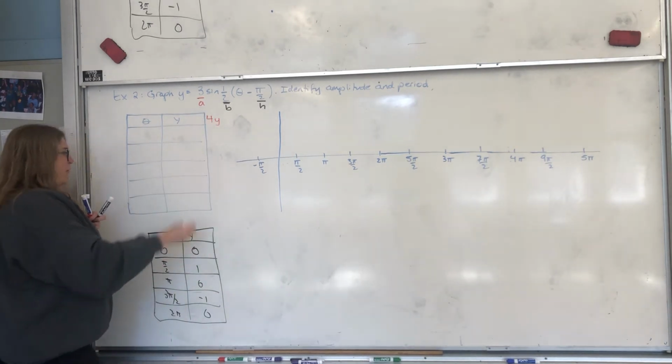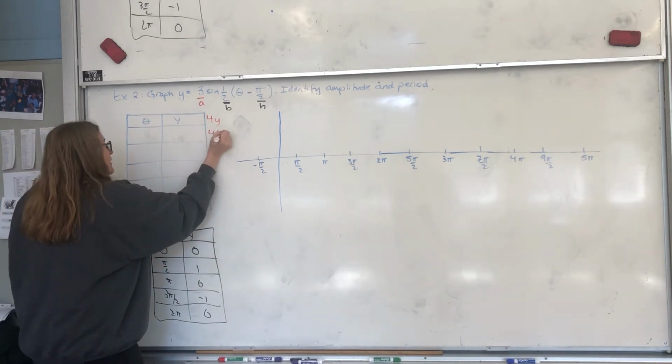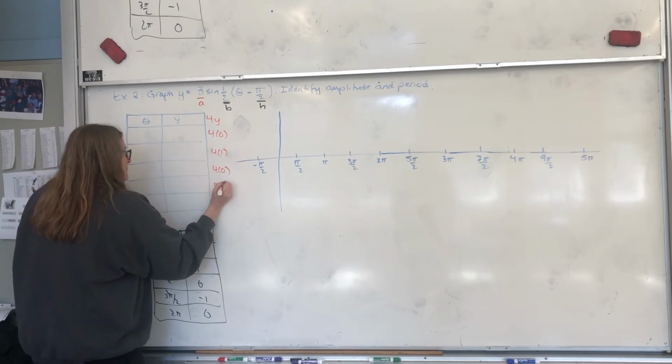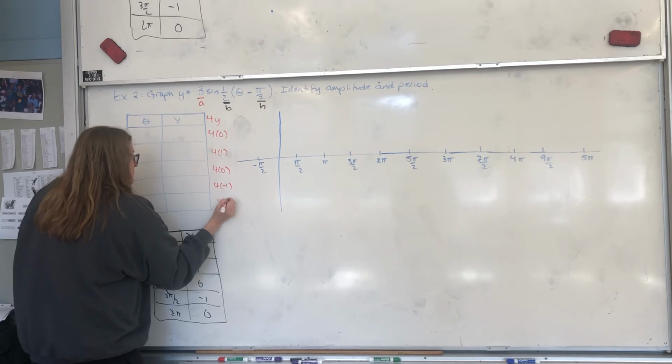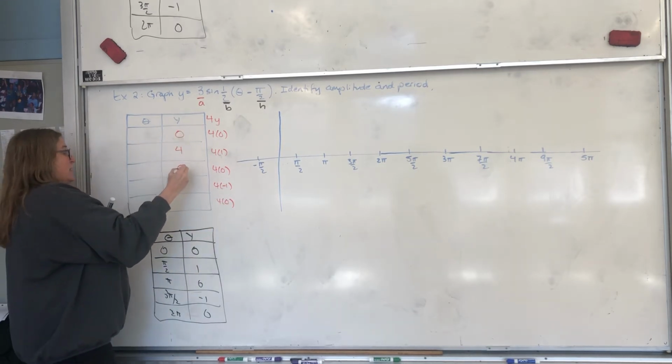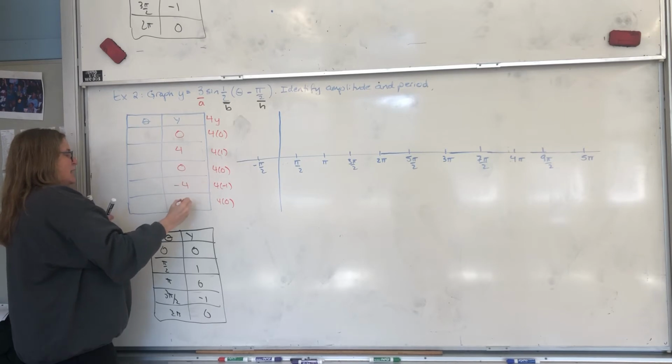So I'm going to take all these parents and multiply them times 4. That's going to give me 0, 4, 0, negative 4, and 0.